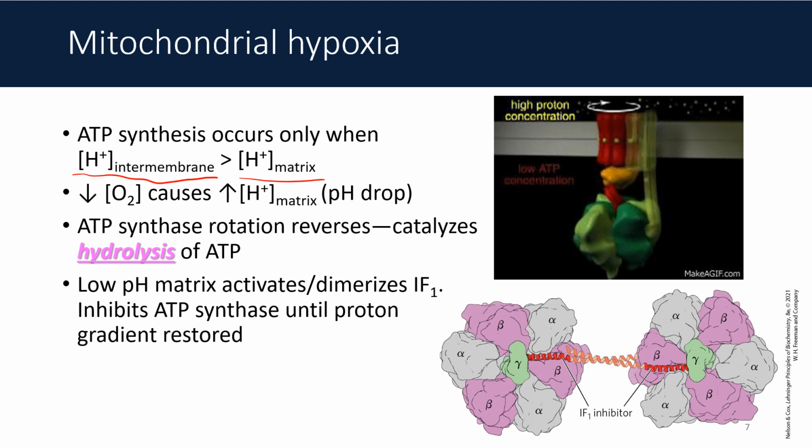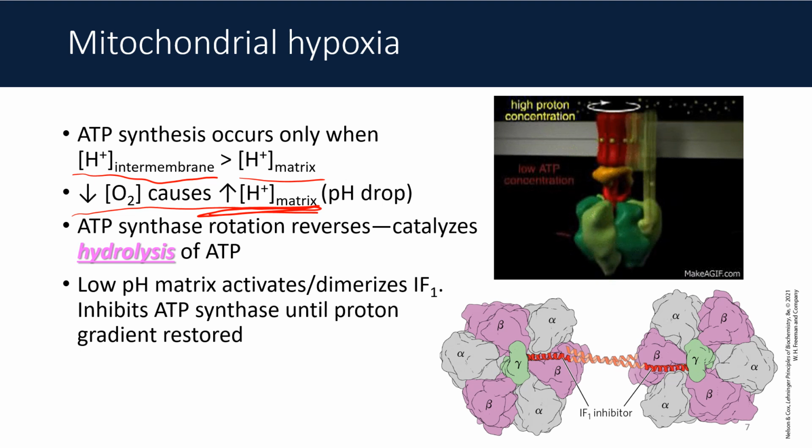If we run out of oxygen, that will ultimately impede the function of our proton pumps. So the protons are going to gather in the mitochondrial matrix, which is going to result in a rapid pH drop. And this makes sense. The citric acid cycle to begin with is, big surprise, acidic. There's lots of acids accumulating in that zone. And that's going to be a major problem because ATP synthase technically works in both directions.